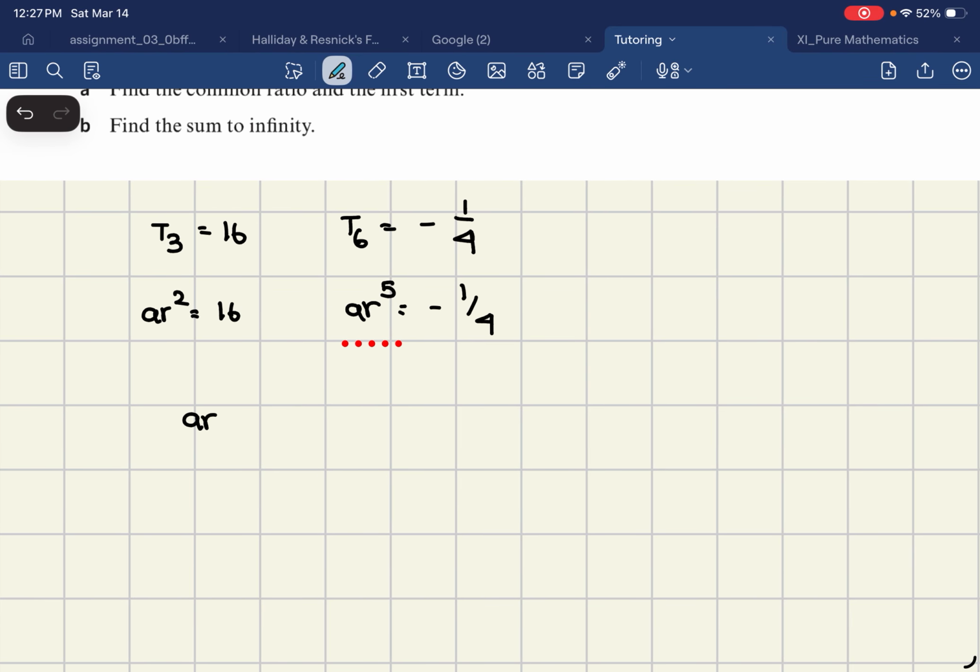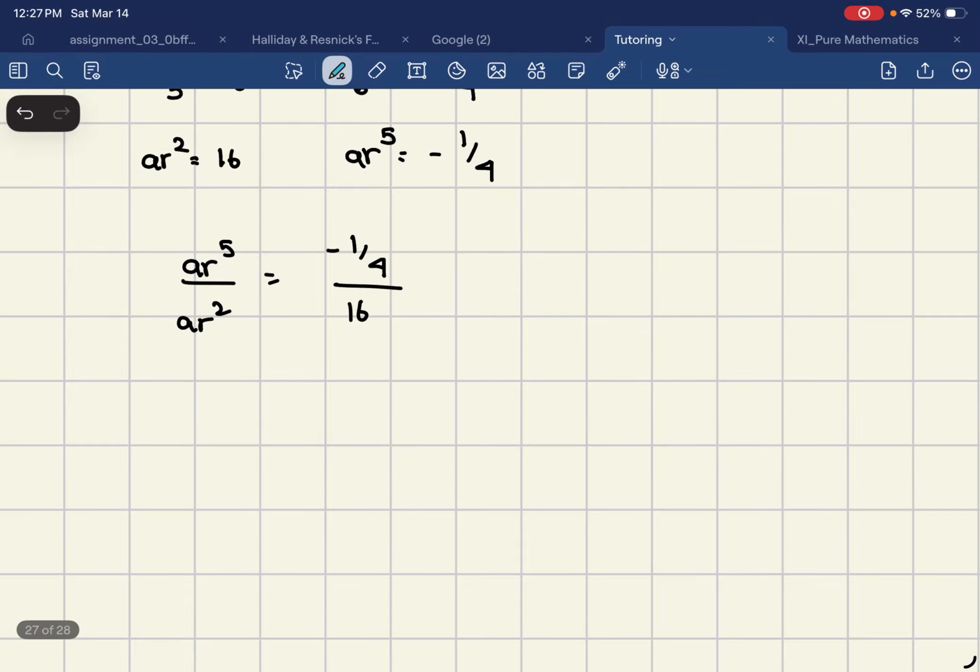So if I divide AR to the 5 by AR squared, I get negative 1 over 4 divided by 16. And now A's and A's cancel out. R to the 5 divided by R squared is R to the 5 minus 2, that is 3. Divided by negative 1 over 16, times 4 is 64.